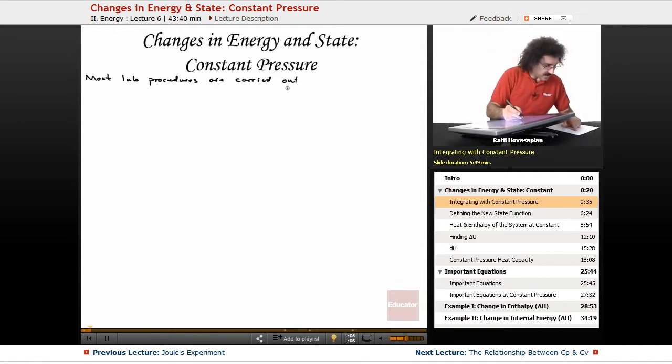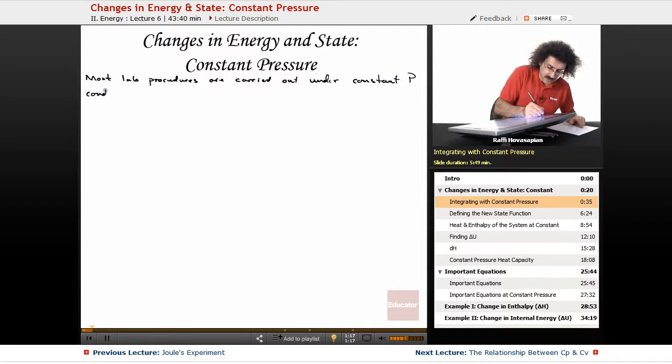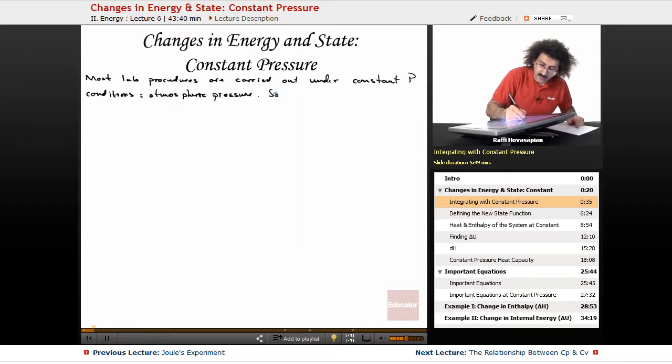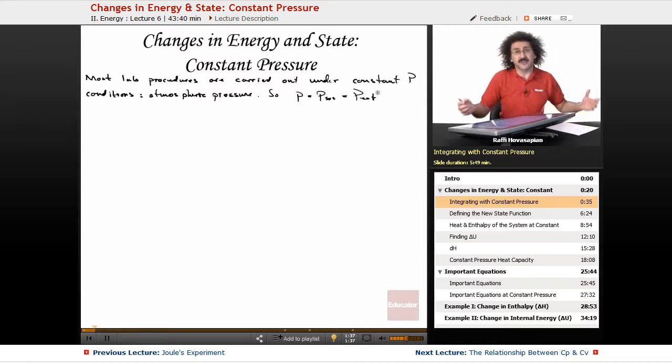So most lab procedures are carried out under constant P conditions, which is atmospheric pressure. So the pressure of the system happens to equal the external pressure.